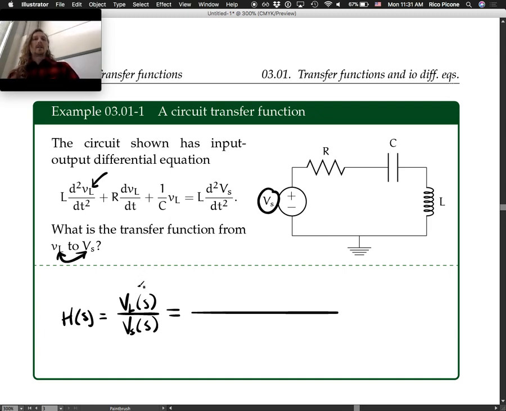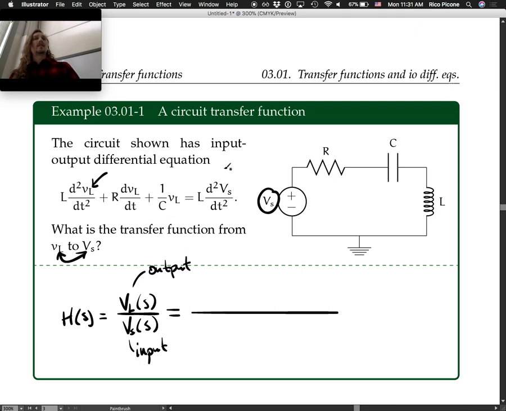So I can say here, output, probably good to denote that, over input. Output over input.